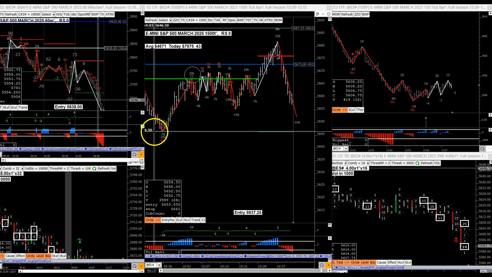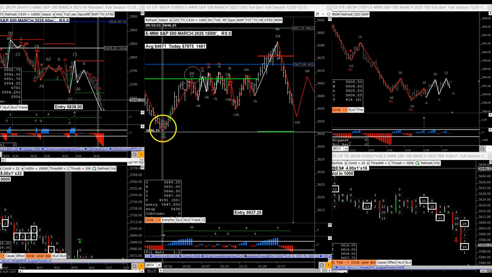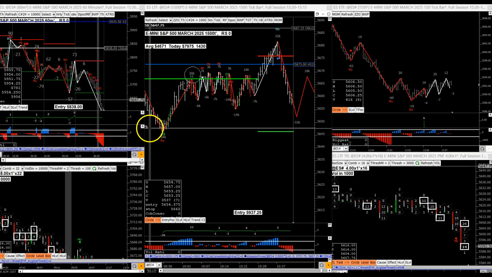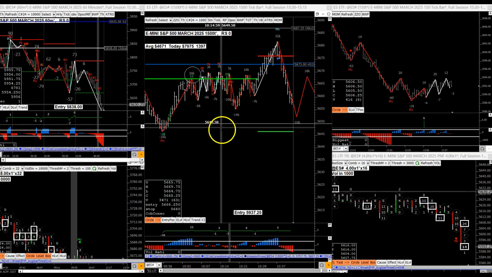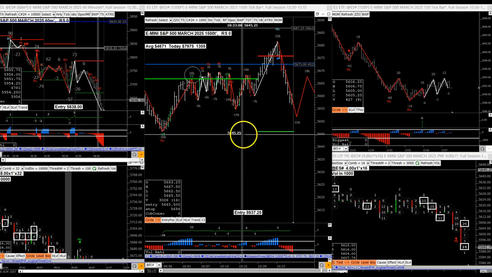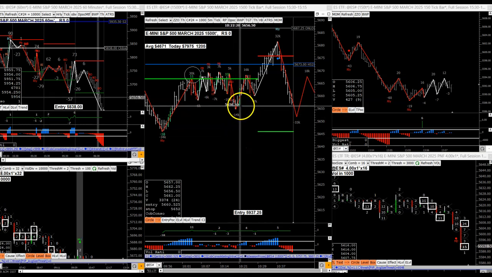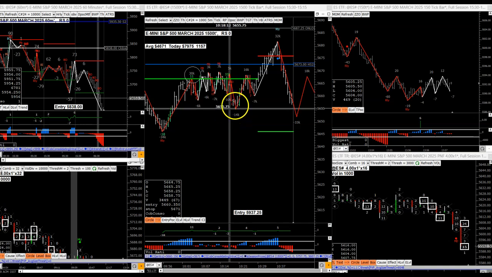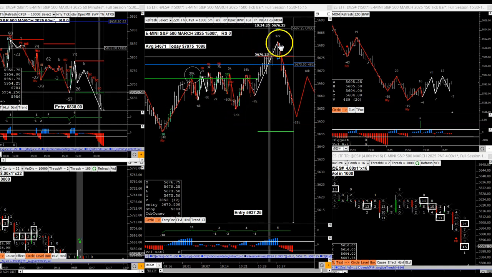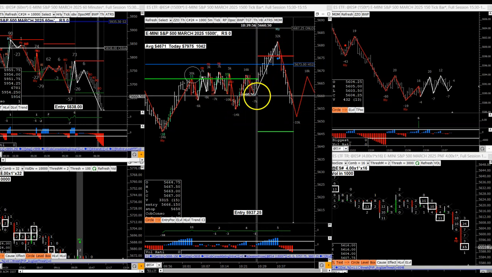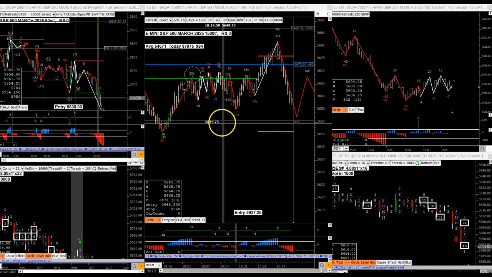And the second is you have deep tests and springs of these lows. When you counter trend, it's going to take out this low, and other times it might do something like this, but the move is very, very small.